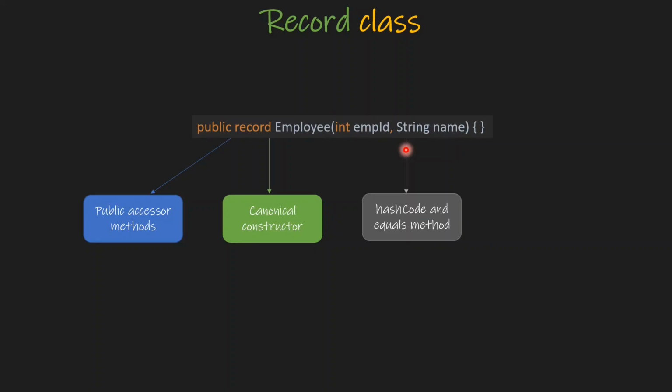Then it will also add hashCode, equals, and toString methods. So whatever we did earlier with this Employee class, all those things are done for us by Java itself, and the only thing we need to do is define it as a record.